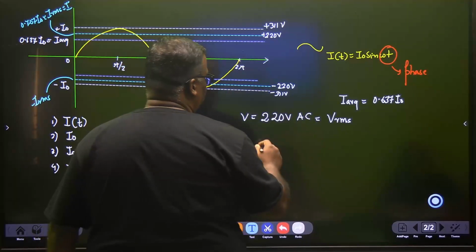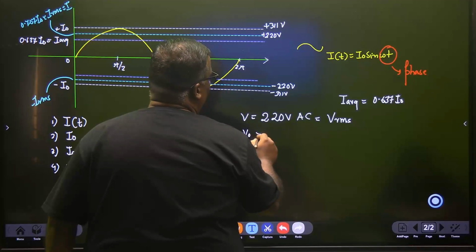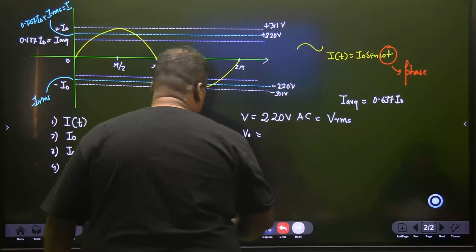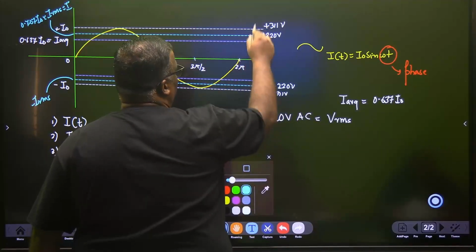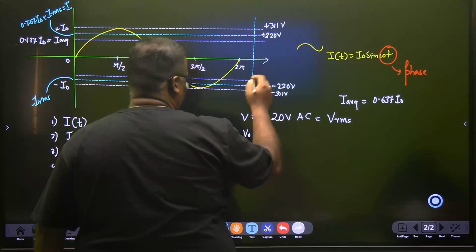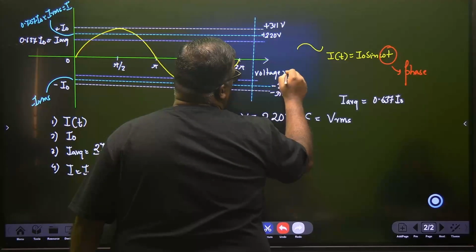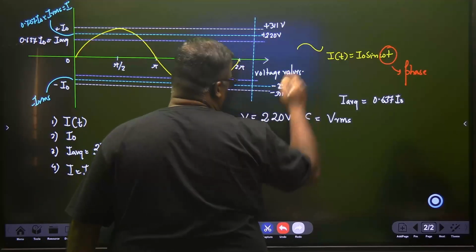And average, obviously, if you want to find it out. So this is VRMS, and V naught will be equal to 311 volt, plus minus. Please don't get confused, these are voltage values. I have done them on the same curve, so it is easy to say by voltage.